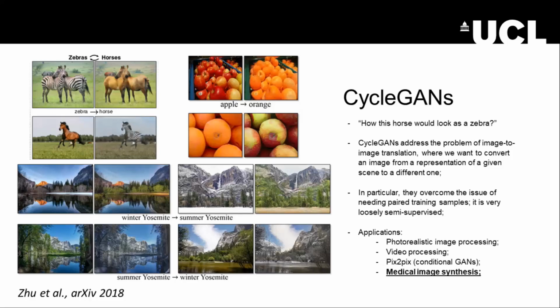But the idea is that we are transferring the contrast from two different domains. So we have a zebra and we make it look like a horse. We have an apple, we make it look like an orange. And it's very interesting because it's very loosely supervised, since we just need data that are divided into classes. They don't need to be paired. That is a great advantage.